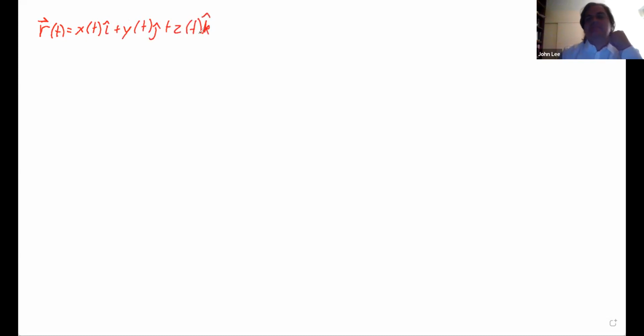So what this is, it's just a vector showing you the position of something that you're looking at in three dimensions. So instead of just telling you how far out you are in the x-axis like we would before, it tells you how far out we are in the i direction, how far out we are in the j direction, which is y of t, and how far out we are in the k direction, which is z of t.